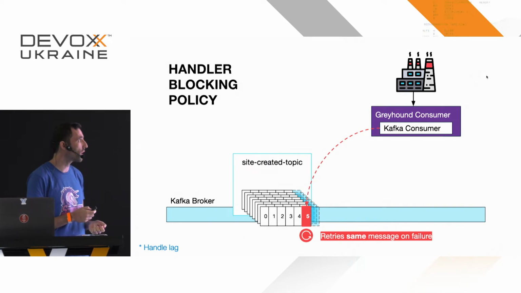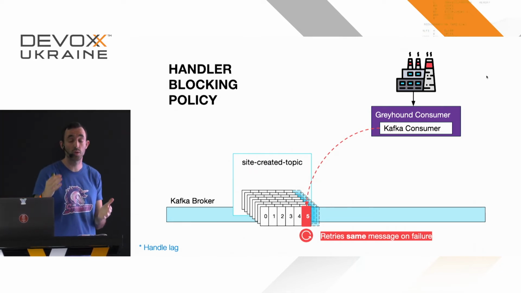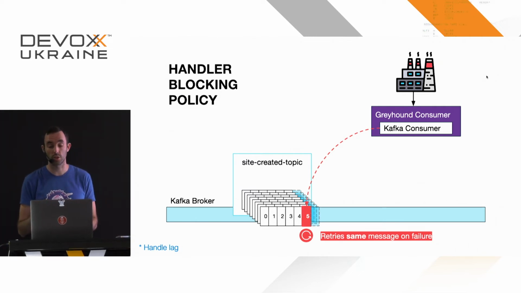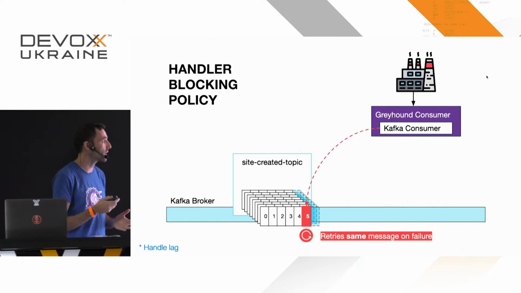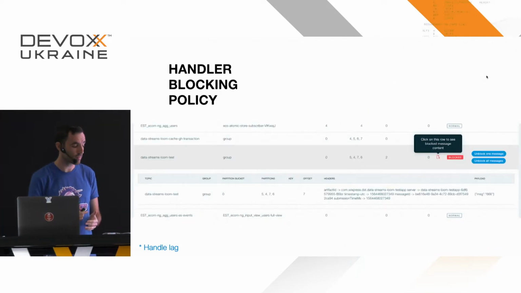So we offer a blocking policy that means that if the handler throws an exception, then you will retry the same message on the failure again and again according to the policy that you define.